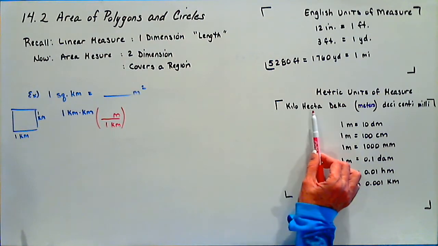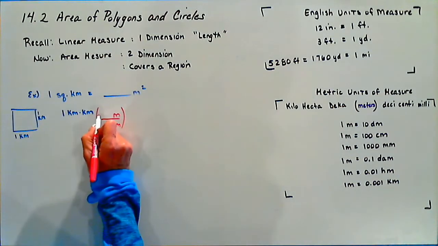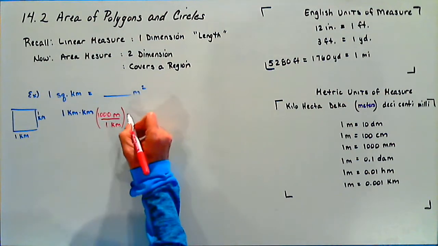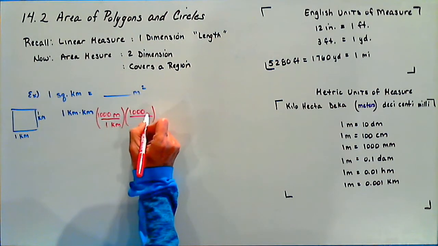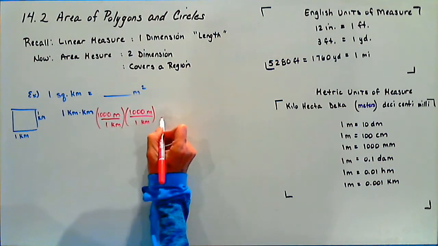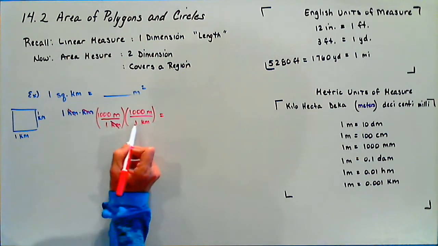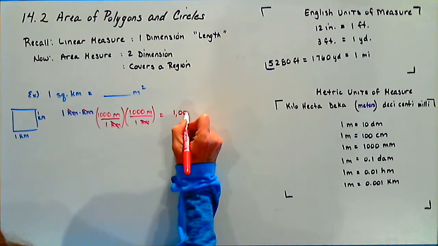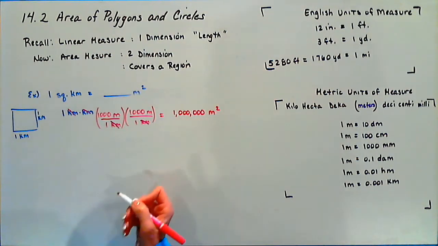So I move my decimal 1, 2, 3 to the right to get to meters. So this would be 1, 2, 3 to the right, which makes it 1,000 meters. So again, 1,000 meters is the same as 1 kilometer. Now we have enough to reduce our units of kilometers. And we're left with 1,000 times 1,000, which is the same as 1 million meters squared.